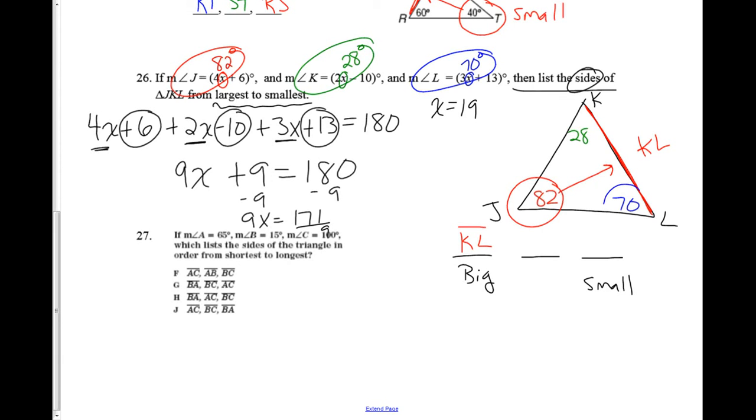The middle angle is 70. Across from the 70 is JK. So that's my middle side. Then I need my smallest side, that's across from the smallest angle, and across from the smallest angle is JL. So here are the sides listed in order from largest to smallest.